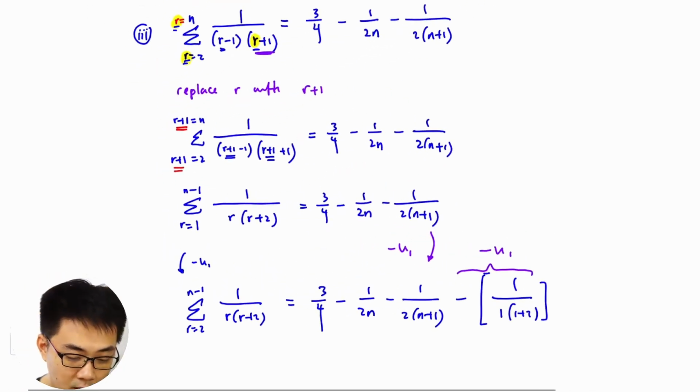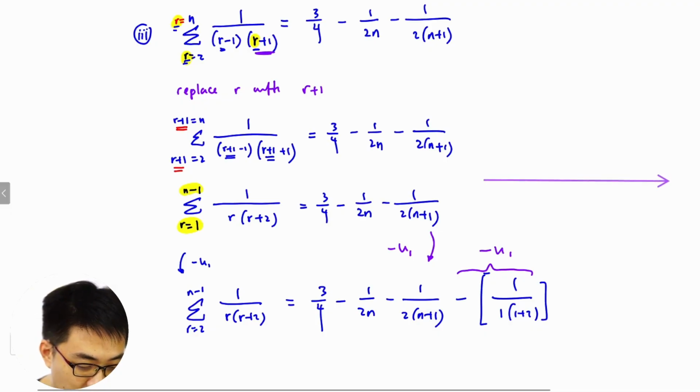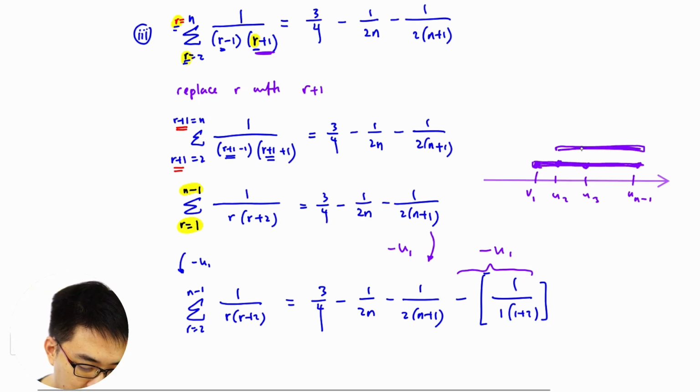I repeat, if you're confused, this is 1 to n minus 1. So you draw the number line. If you have 1 to n minus 1, u1 to n minus 1, then you need u2, u3 here. So you have 1 to n minus 1 here. All this term here. So if you want u2 to n minus 1, this is what you want.